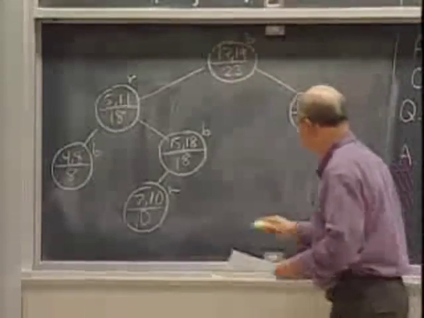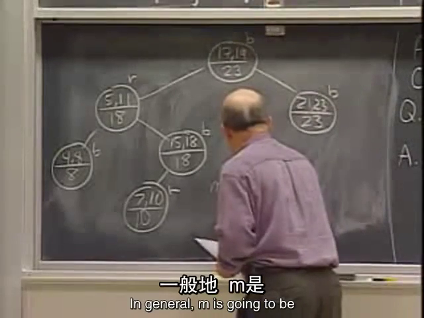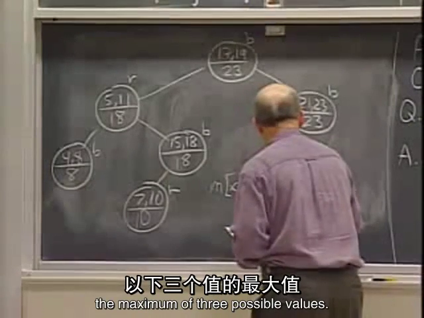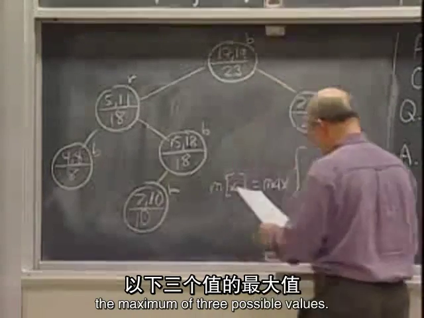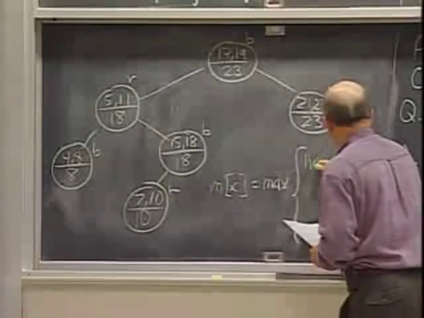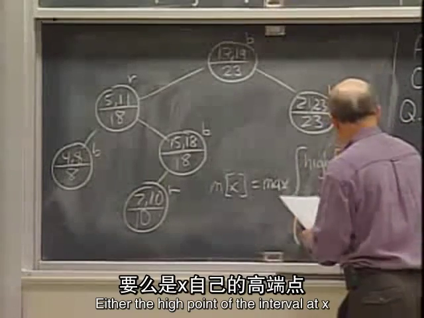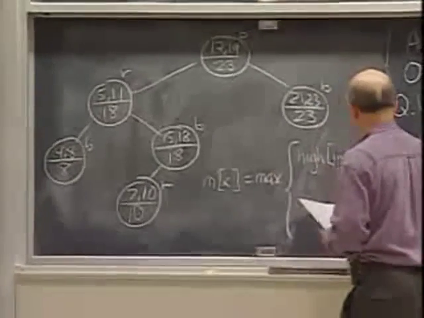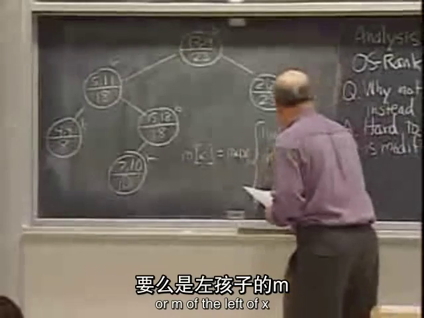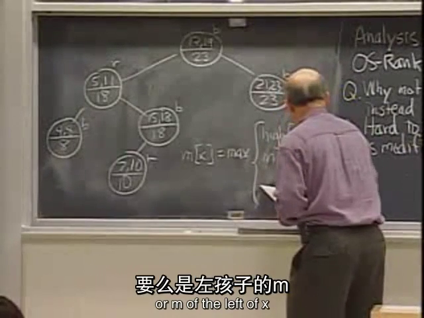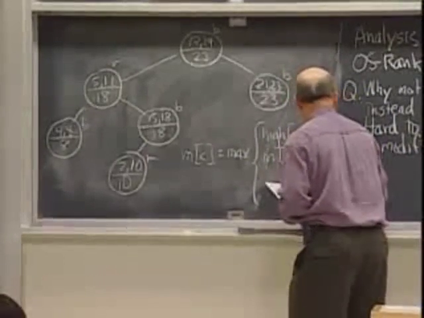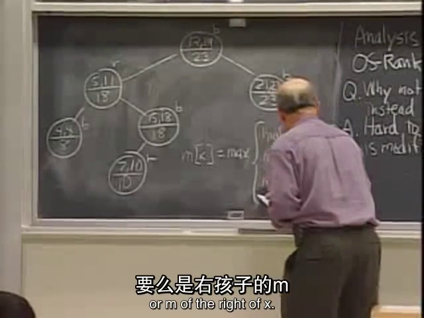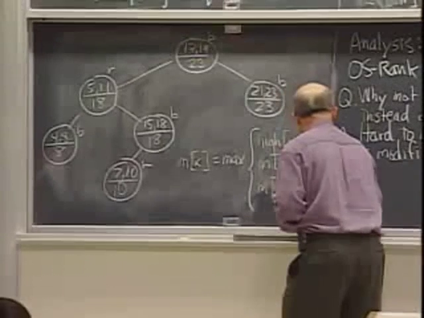In general, M is going to be the maximum of three possible values: either the high point of the interval at x, or M of the left of x, or M of the right of x.